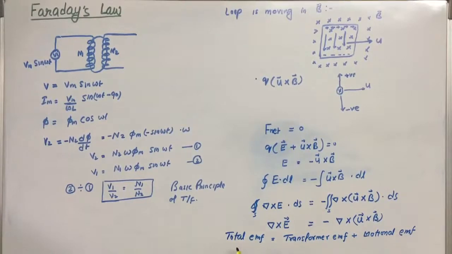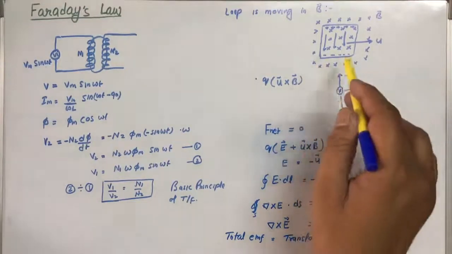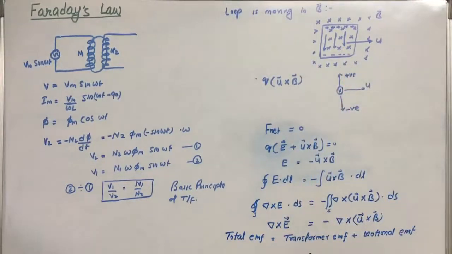When the loop is moving, the total EMF will be the transformer EMF plus the motional EMF.